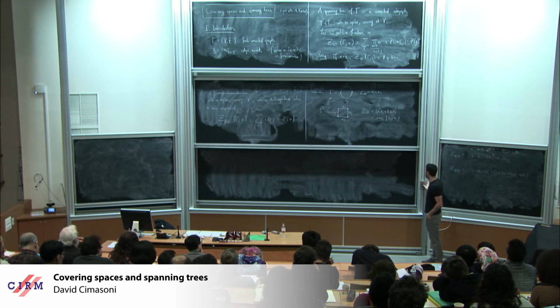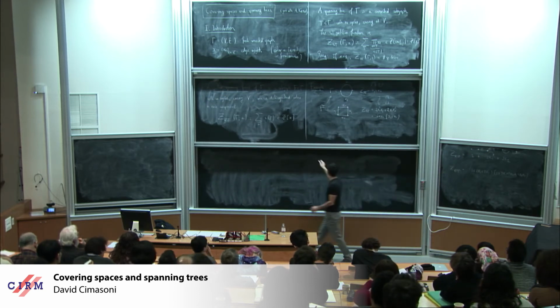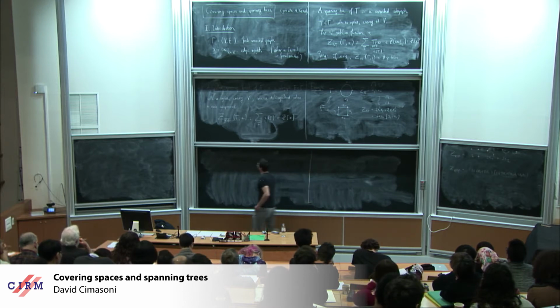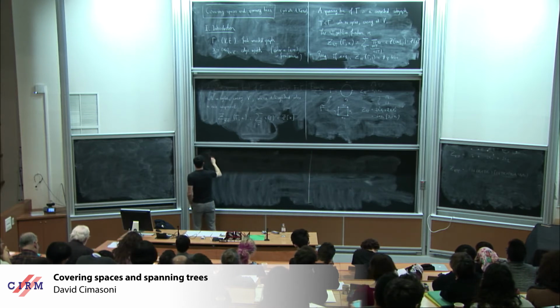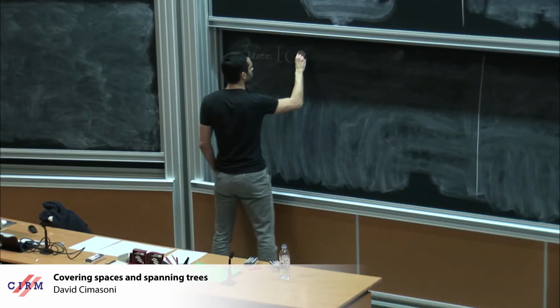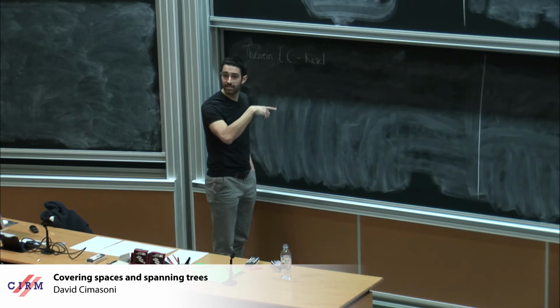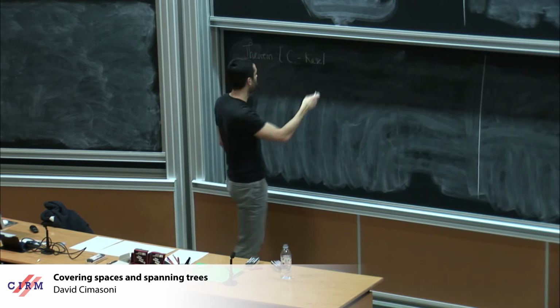So let me state the theorem in a complete way. Okay, so theorem. So again, this is joint work with Adrien Kassel, who, by the way, is the son of Christian Kassel, who's doing knots. Maybe you know him.